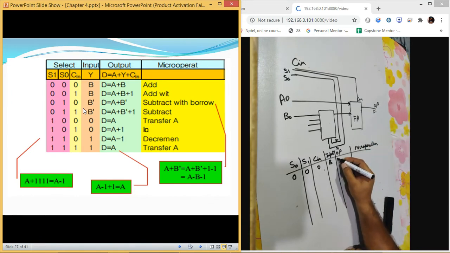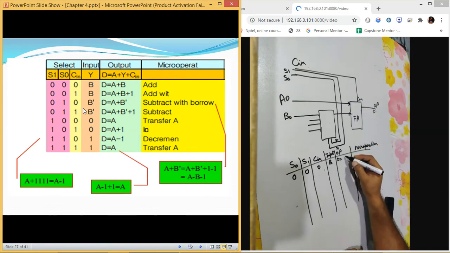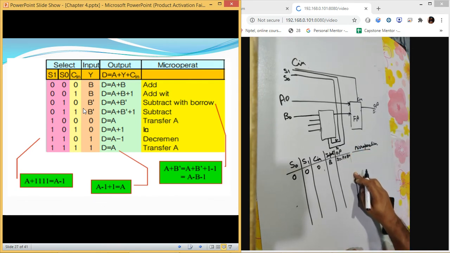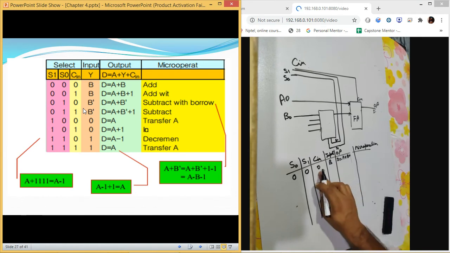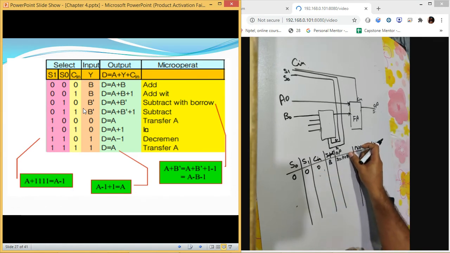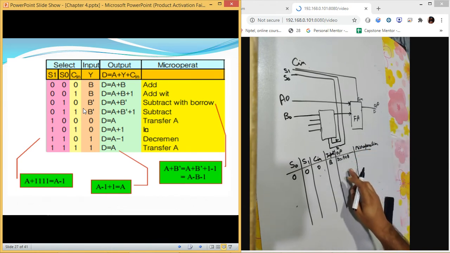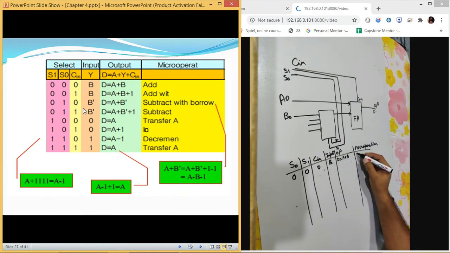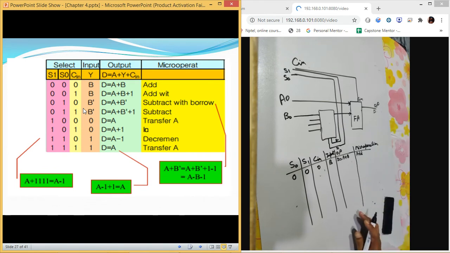If this is the output D, it will be equivalent to A plus B plus C. The carry value C is 0 because at this place we have given value 0. So it will simply perform A plus B operation, and this A plus B is known as add operation or add micro operation.